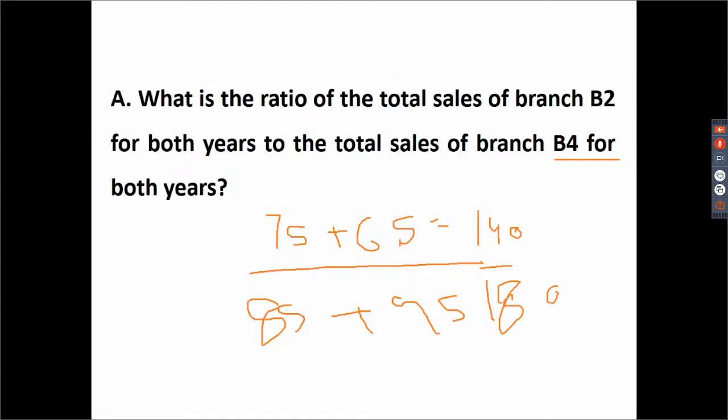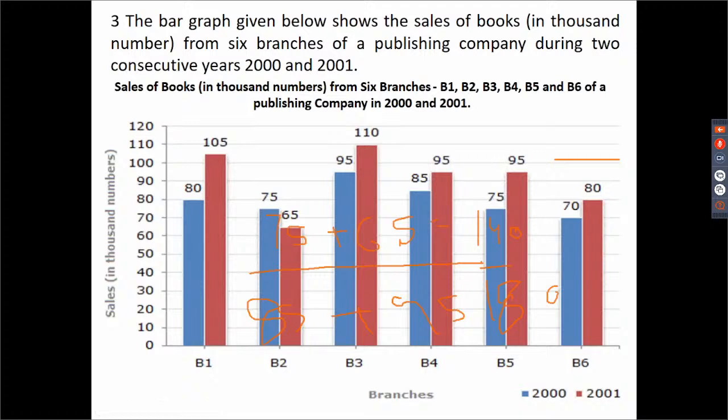So B6 for both the years is how much? B6 for both the years is 70 plus 80, 150.